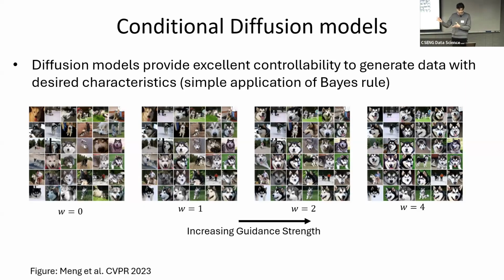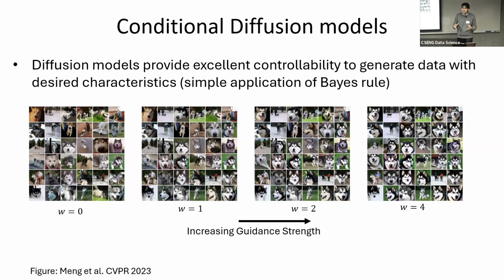So in this case, I'm showing you a simple figure where, just by adding a very simple guidance strength parameter, which is a simple weight parameter here, I can move a diffusion model over images of dogs to a specific dog species, right?